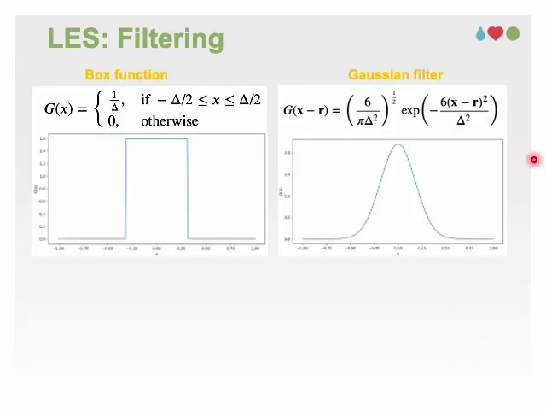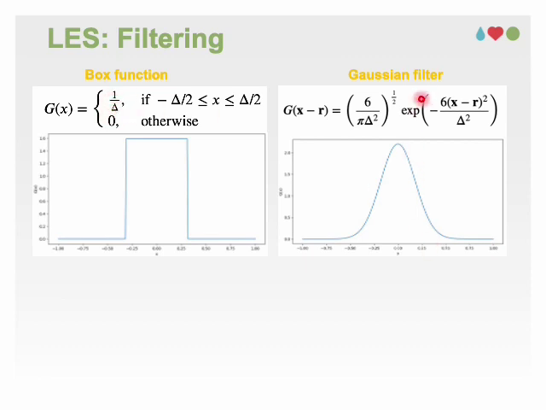Different types of filters, such as Gaussian and box filters, are used in LES. For example, a uniform weight is given to all grid points within a specified window size in the box filter, which is defined by the LES cutoff length scale.